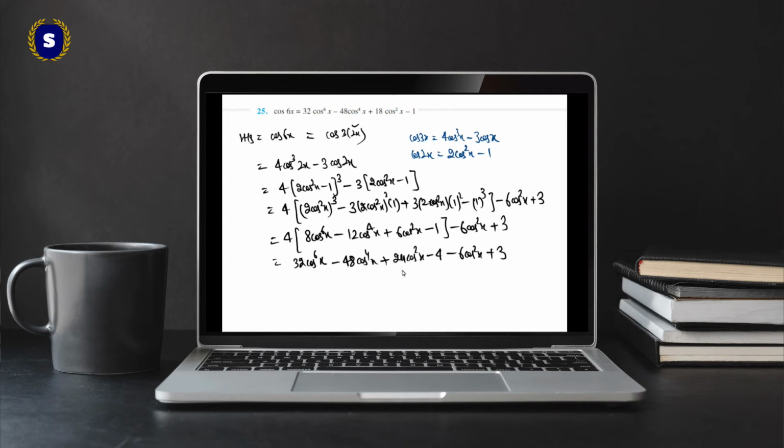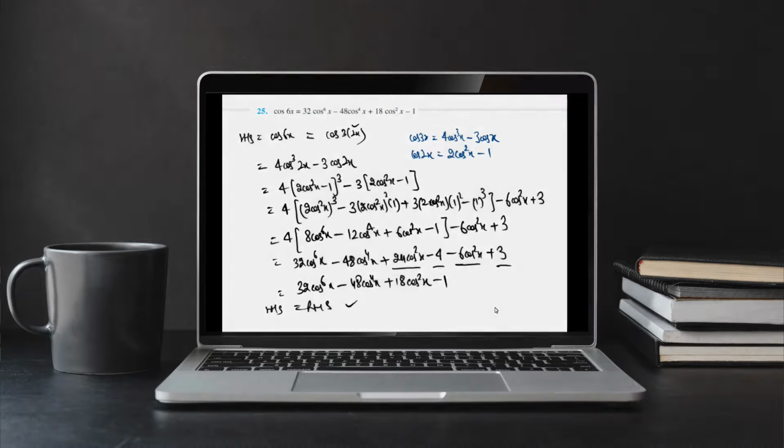So these two terms can be solved. 32 cos 6x minus 48 cos 4x, this gives us 18 cos square x minus 1, which is equal to RHS. Hence proved. And here we ended the exercise 3.3.